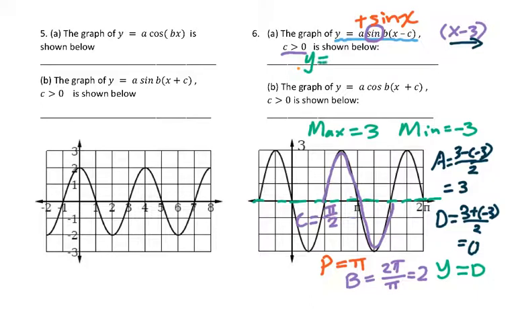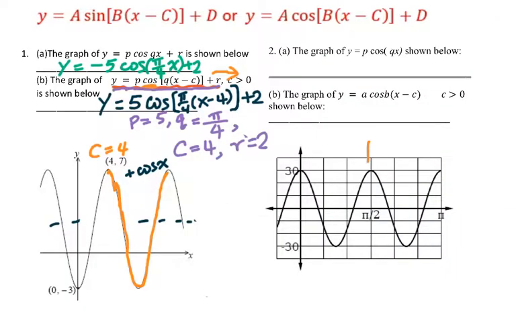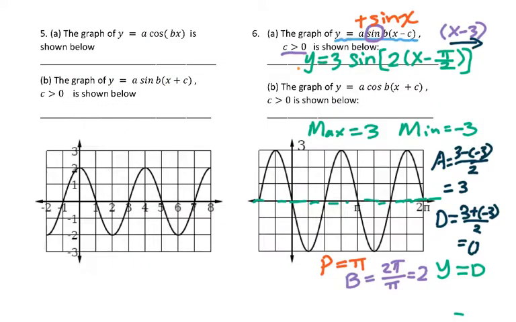Y equals A, which is 3 sine, B, that's 2, then we do x minus pi over 2. Remember, we always do x minus c. So when you figure out the c, you have to do x minus c. Inside is a liar.